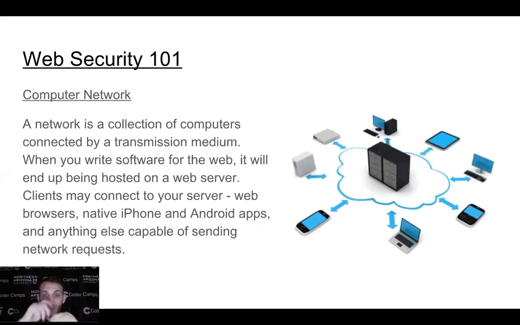When you write software to the web, it will end up being hosted on a web server, and then clients can access it using any device capable of sending a network request. This has to do with security because when things are connected like this, it opens doors to your server, and those doors can be abused.